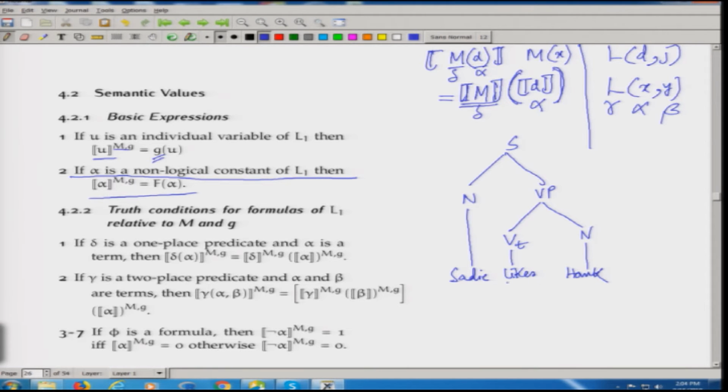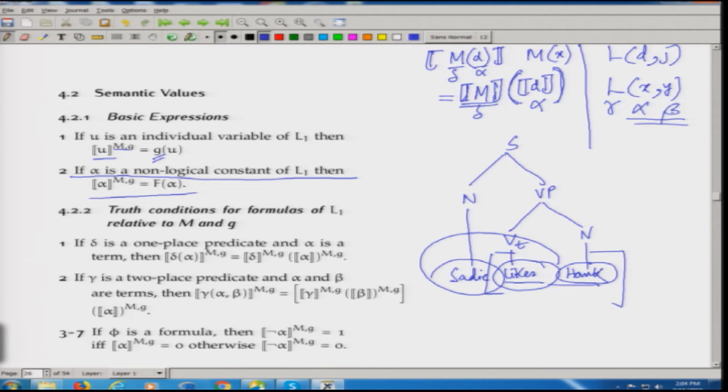In this case, the combination is like this. The object first unites with the VT or the 2 plus predicate, and then this combination takes the subject.